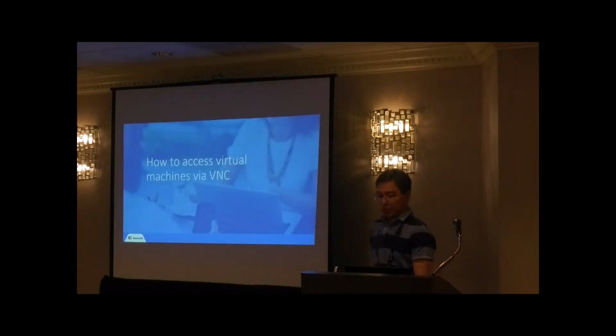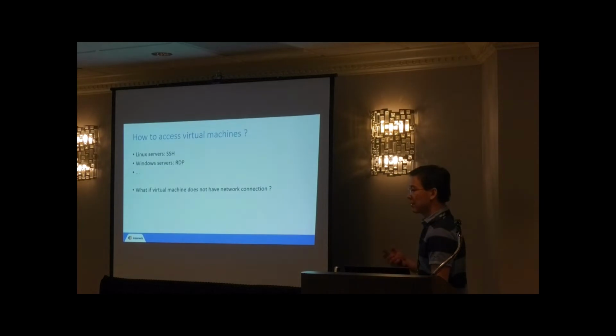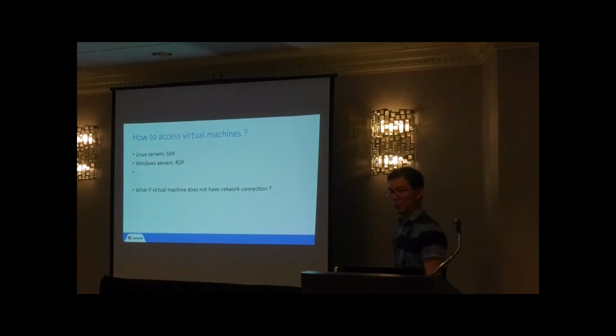How to access virtual machines. Normally, when we deploy an instance, the first thing we do is try to access the instance. For Linux servers, we use ping and SSH, and for Windows servers, we use RDP.